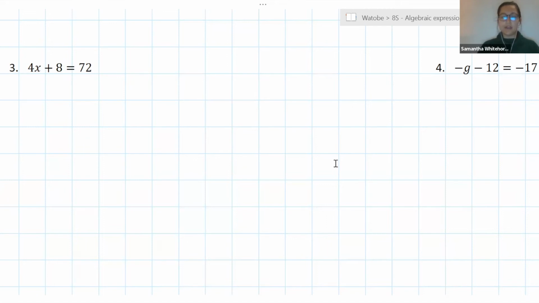Be careful again, guys. Just make sure your signs are all correct. If you're not 100% sure, remember you just substitute your value for your variable and double check that your left is equal to your right hand side. Good, I'm liking what I'm seeing so far.